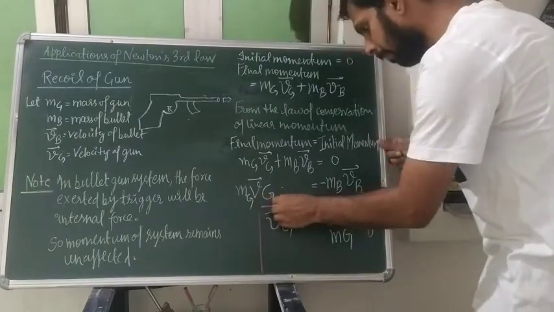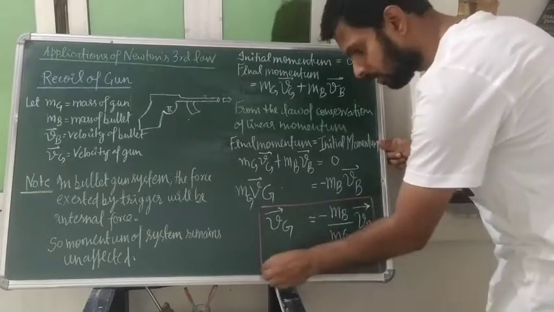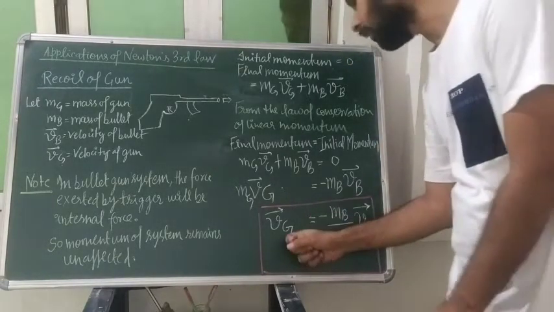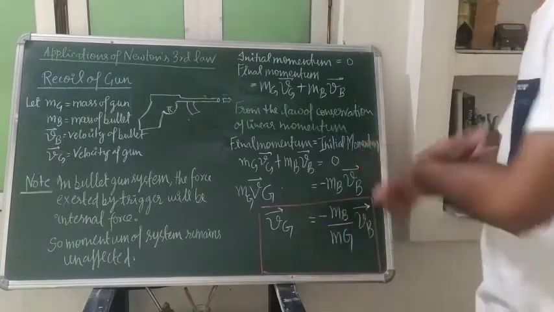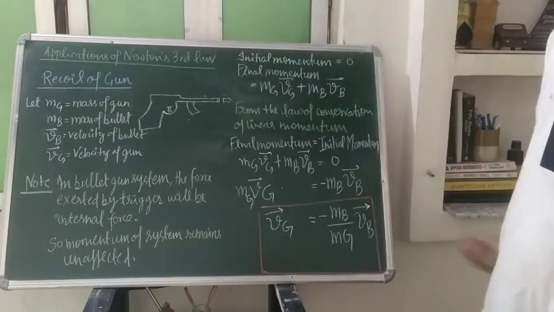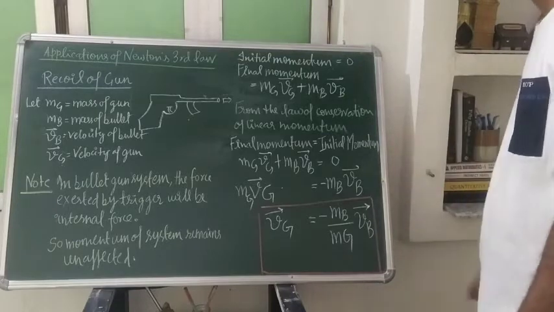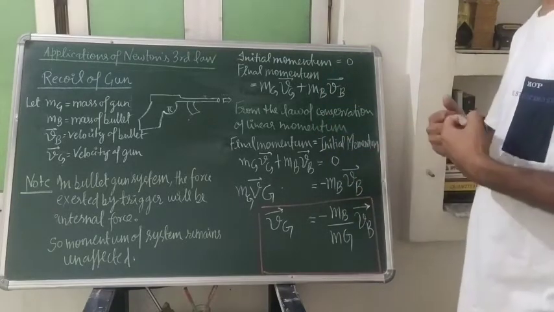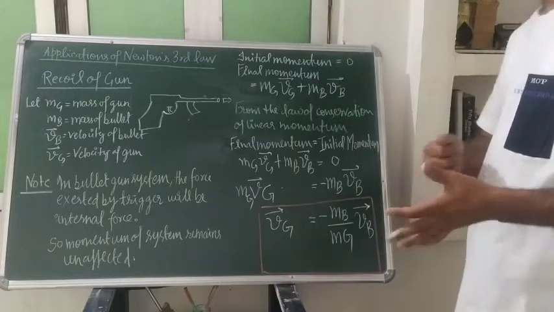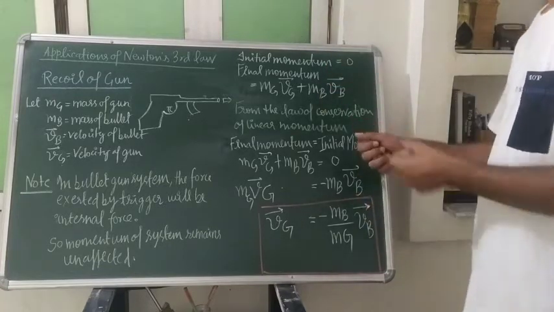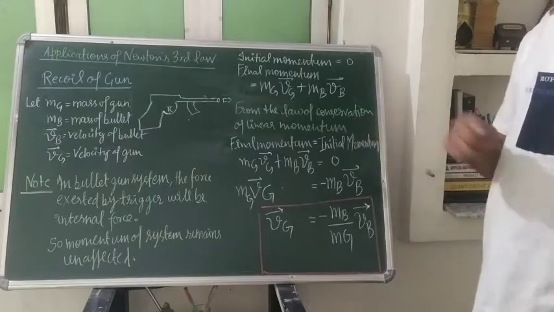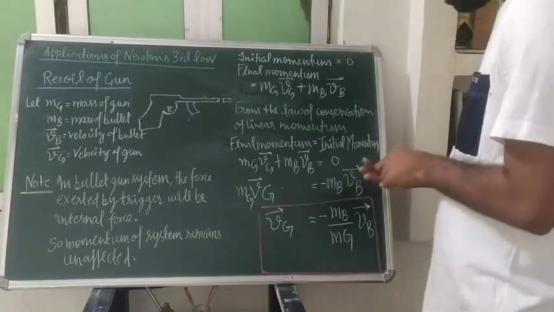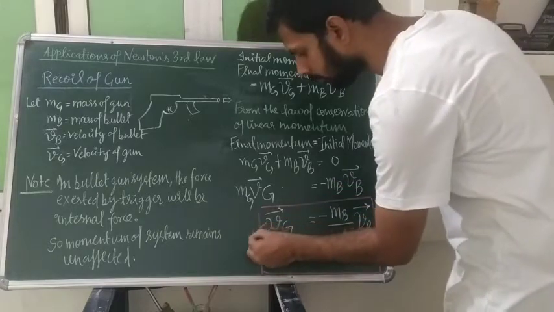Any confusion? I don't think there should be any confusion. The negative sign means the velocity of the gun will be opposite to the velocity of the bullet. In whatever direction your bullet is going to move, the gun will have its velocity in the opposite direction, and this is called our recoil velocity.